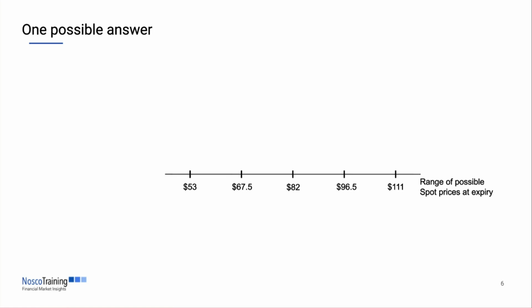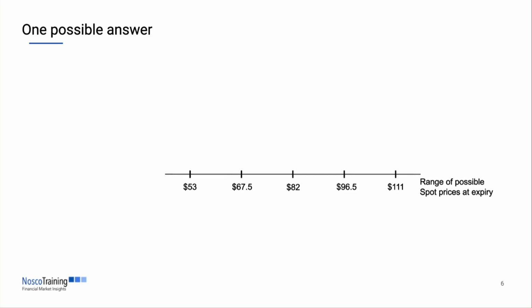In order to value an option, note that it has a different value at expiry depending on where the underlying ends. And so what I need first is an idea of how different the underlying price could be at expiry.